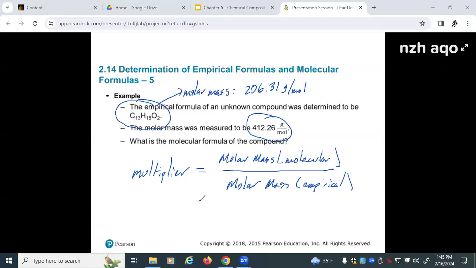And whatever that number is, we round it to the nearest whole number. That would tell us what we need to take the empirical formula and multiply it by to get the molecular.